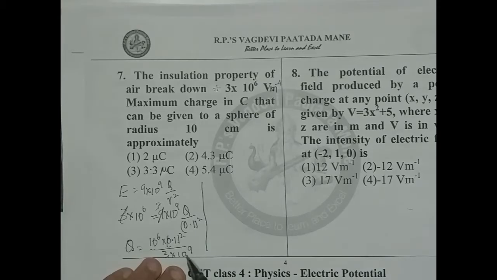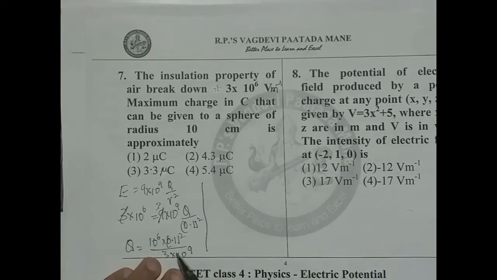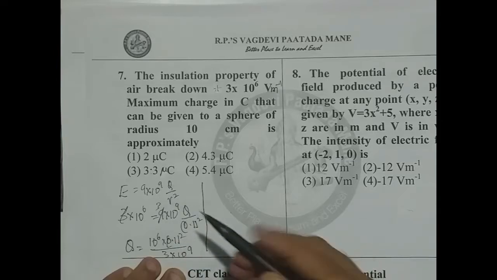Simplifying these things, observe 1 by 3 is there and all other things are in terms of 10. So we can choose at this point, without further calculation, option 3, because 1 by 3 is 3.33. So option 3 is correct.